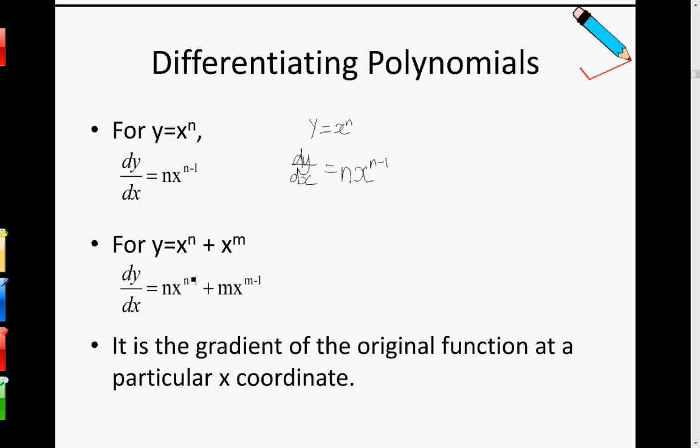So dy/dx would just be multiplying the previous power to the coefficient and reducing the power by 1. So same goes for this case with the m. So it is the gradient of the original function at a particular x coordinate. We have learned this in the previous video.